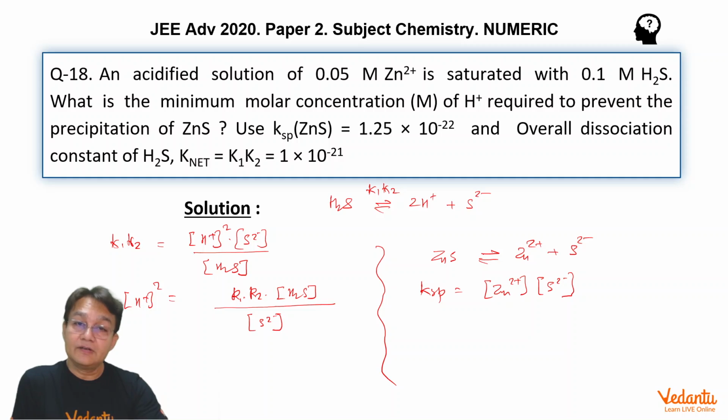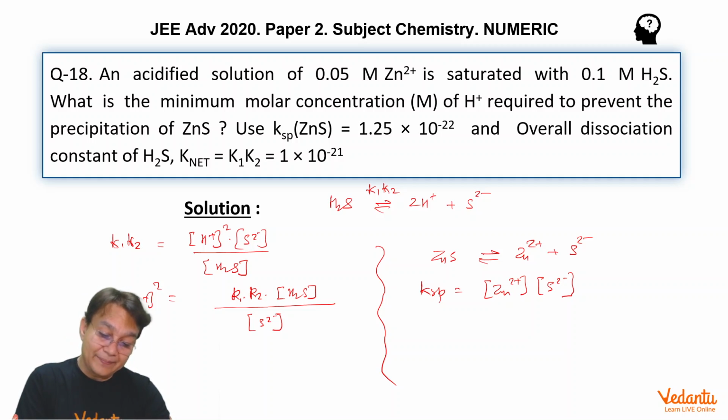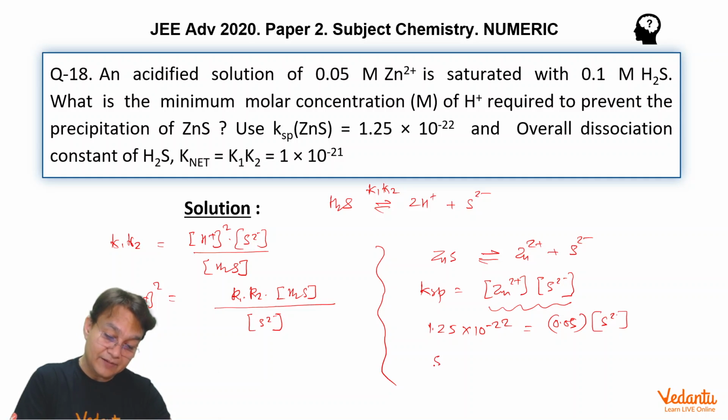If we don't want a precipitate, the ionic product of these two should be less than KSP, and KSP here is given as 1.25 into 10 to the power minus 22. That is equal to the Zn2+ concentration, which is given to be 0.05, into the S2- concentration. So the S2- concentration is equal to 1.25 into 10 to the power minus 22 divided by 5 into 10 to the power minus 2.